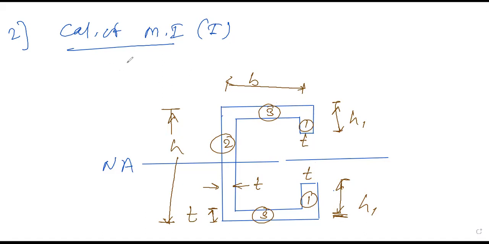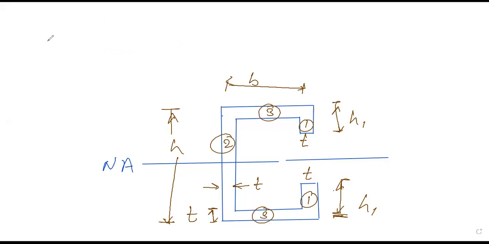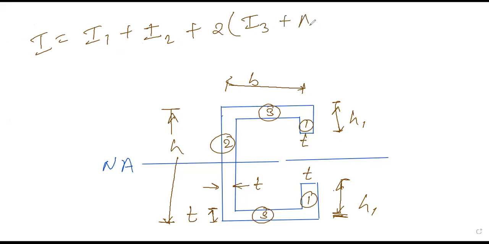Okay, so now I will write down directly the equation for the moment of inertia. I is equal to I1 plus I2 plus 2 times I3 plus A H square.